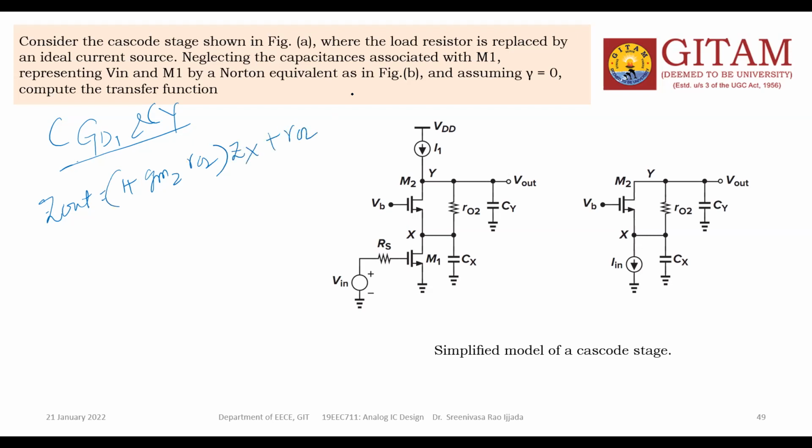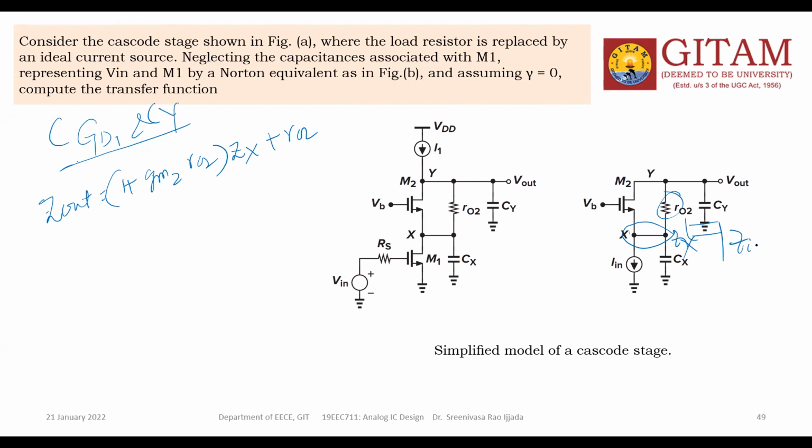This is the impedance at node X, so Zx is multiplied with 1 plus the gain, plus R02, which is the total output impedance.